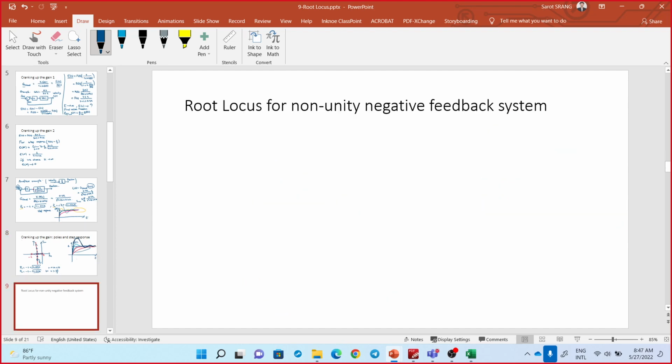And then what about root locus for a non-unity negative feedback system? First let me introduce a non-unity negative feedback system. You have a reference like this, and you can put together the controller gain and the plant.